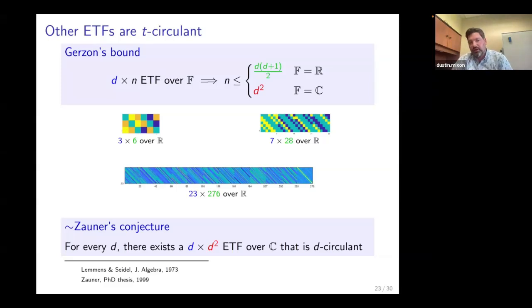In particular, the Heisenberg-Weyl group is acting on these, all translations and modulations. So there's a lot more symmetry that's popping out.